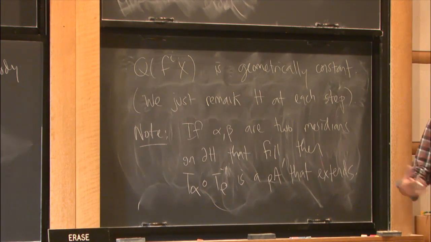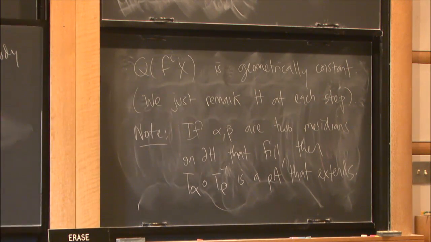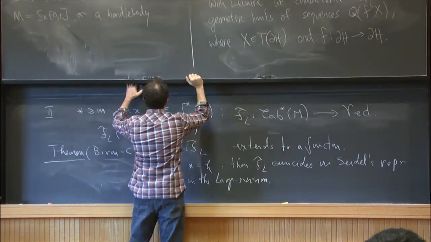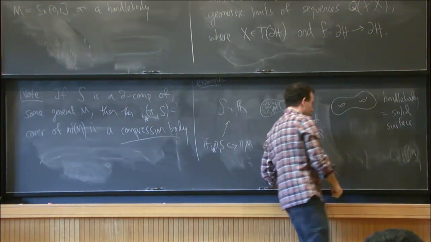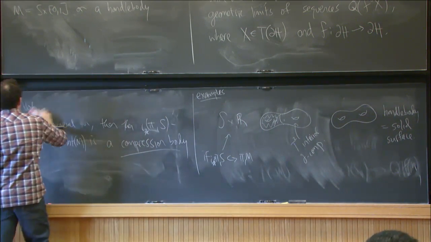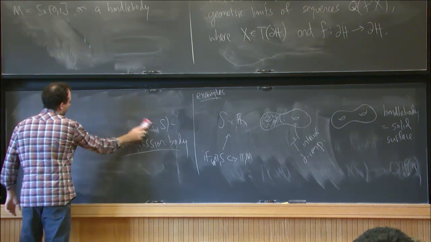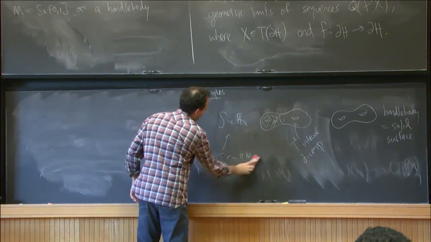Okay, so you have pseudo-Anosov maps that give you geometrically constant sequences. Okay, so all is not lost. In fact, the Nielsen-Thurston type of something is still relevant. And so what's the point?